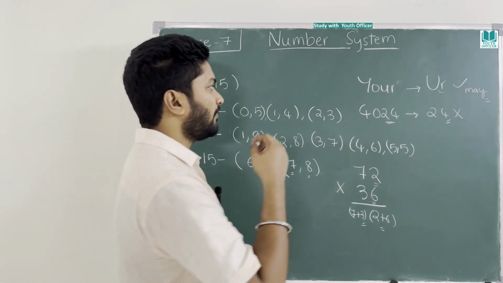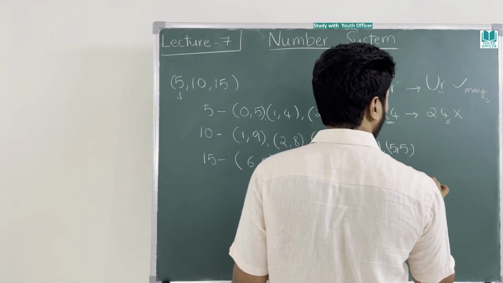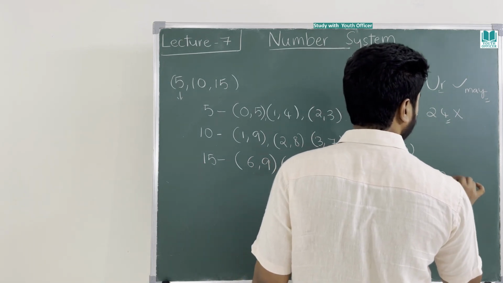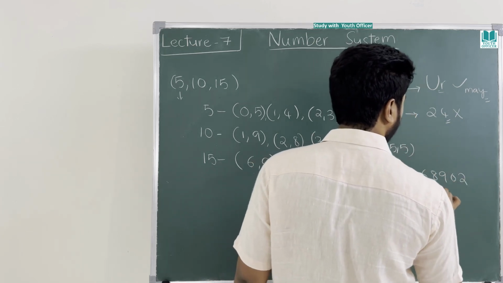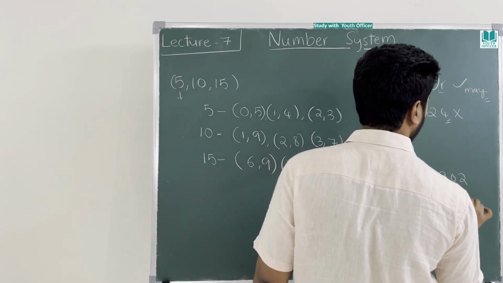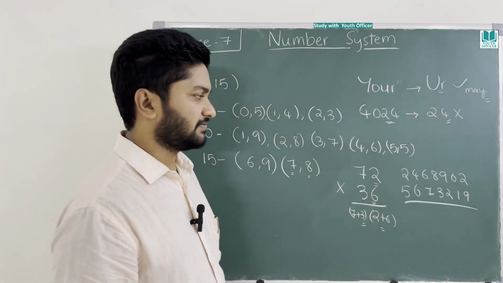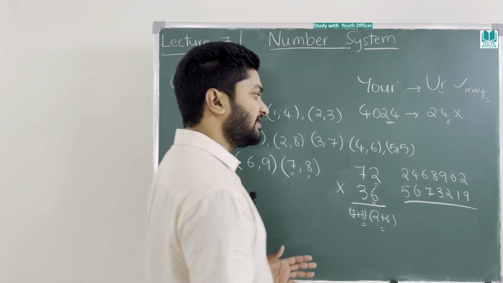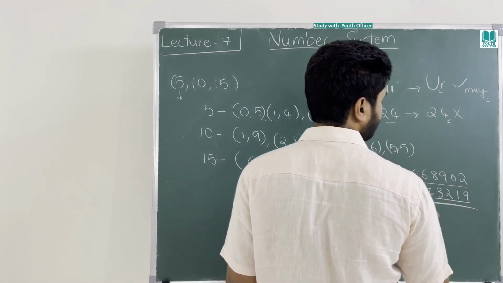That means, however big the number is, let us take 2, 4, 6, 8, 9, 0, 2, 5, 6, 7, 3, 2, 1, 9. If you add these two numbers, you don't add these numbers.